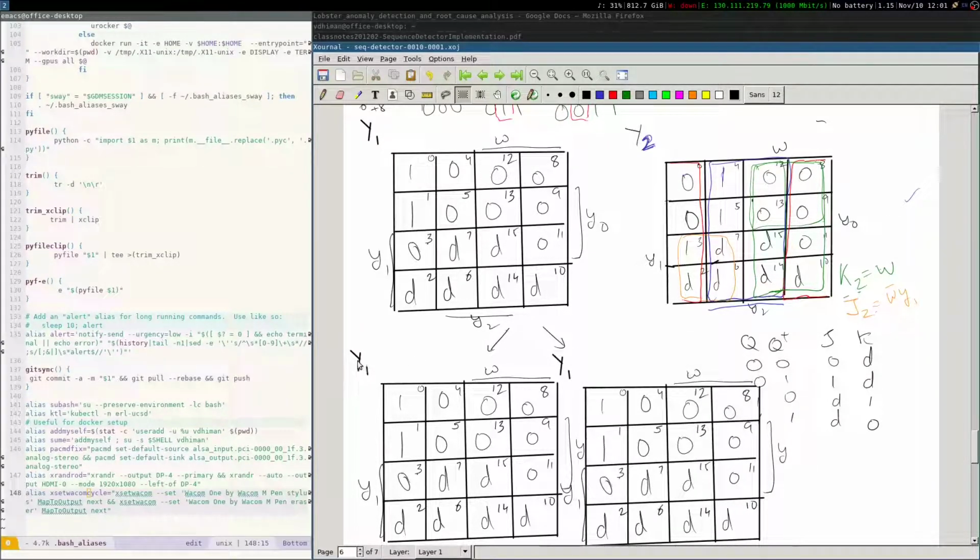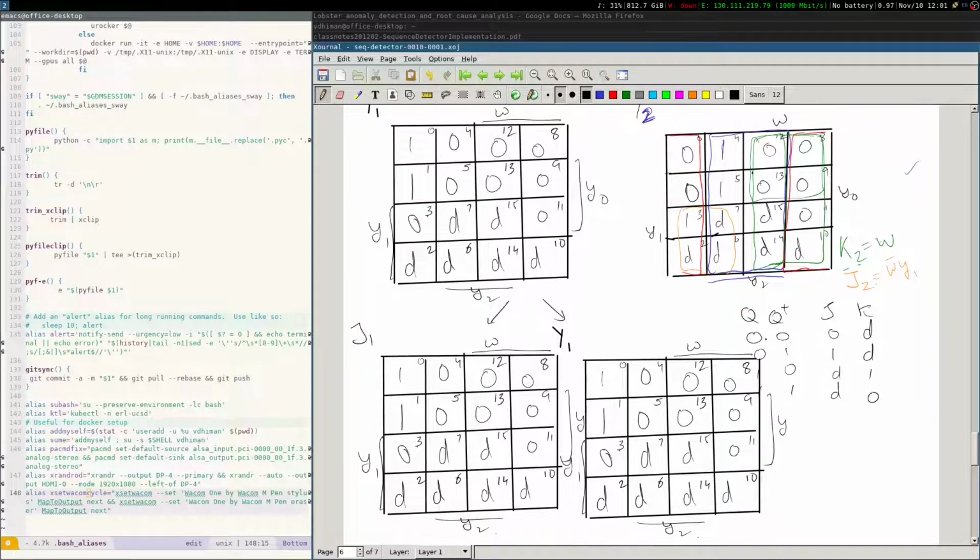How? To make the J1 map, wherever y1 is 1, we make it don't care.